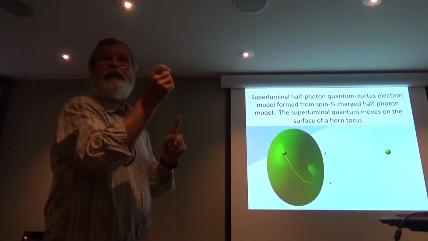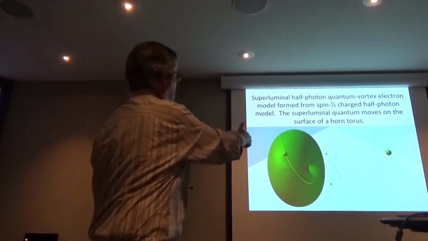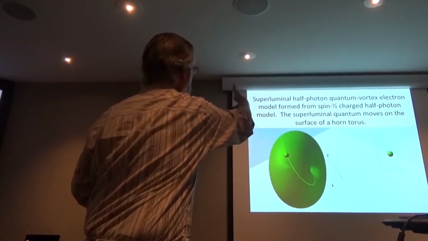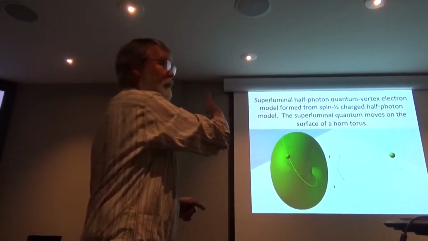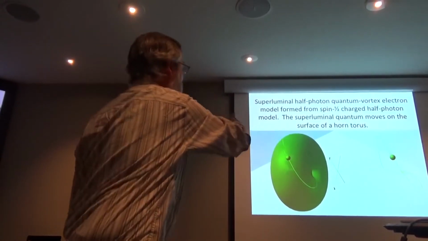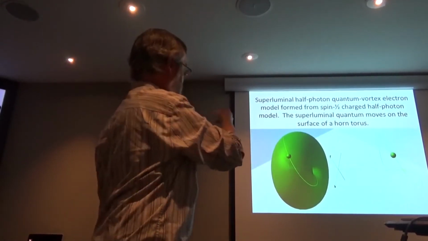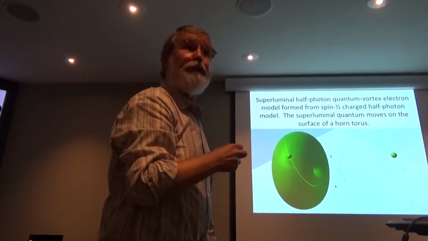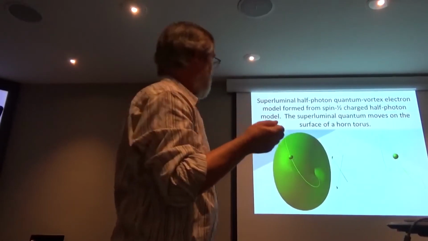The Compton wavelength is h over mc, so it's half a Compton wavelength in its radial circumference. It has a frequency of the Zitterbewegung frequency, 2mc squared over h.